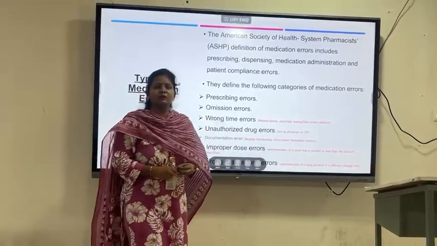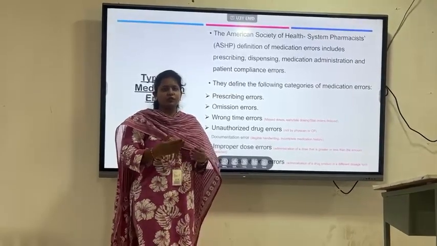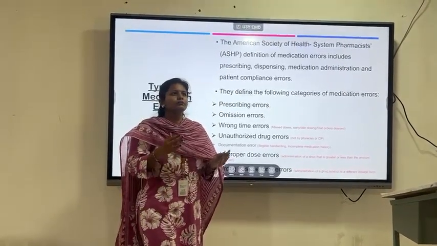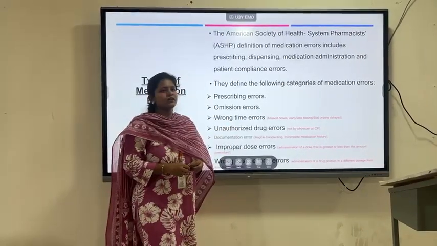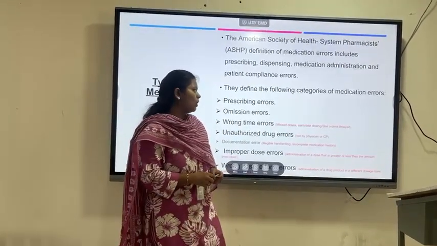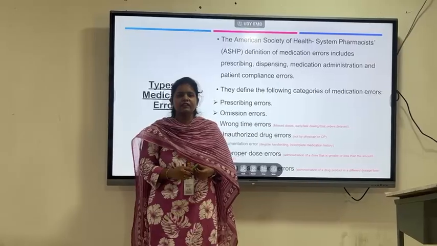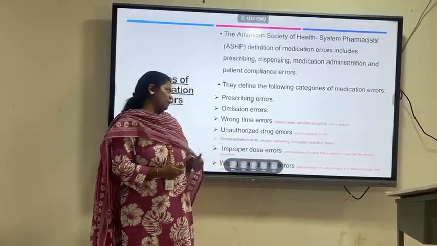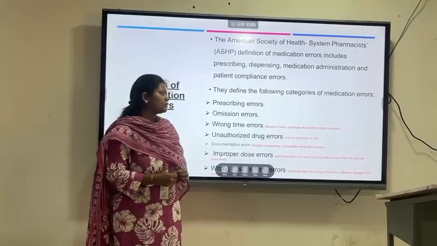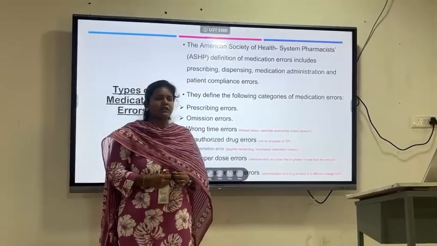Omission errors by the patient can be skipping the doses or skipping the dose time or taking an overdose. Wrong time errors include missed doses, delayed doses or delayed static doses. And unauthorized drug errors are drugs not prescribed by the physician or clinical pharmacist.